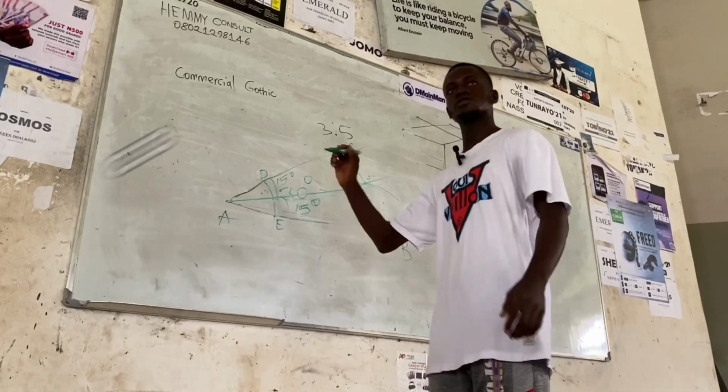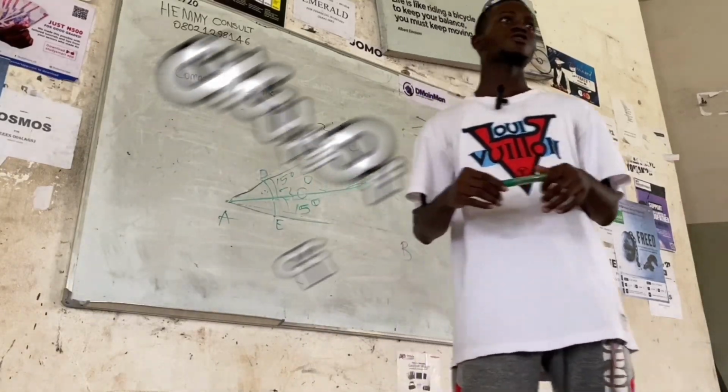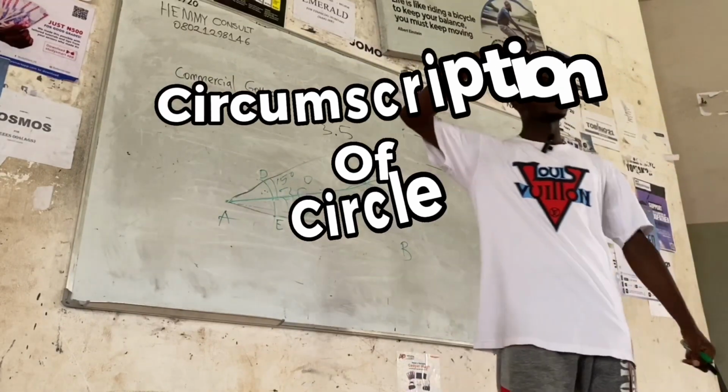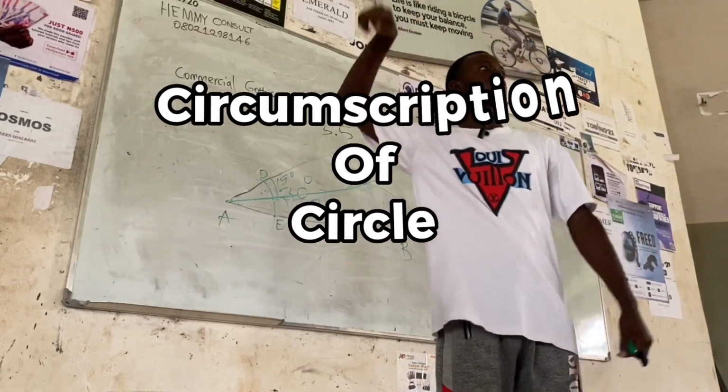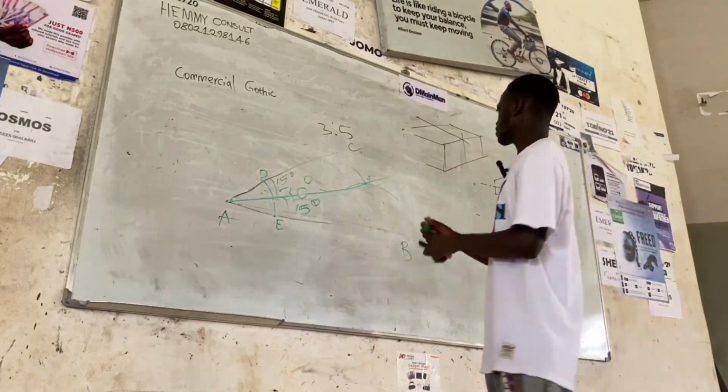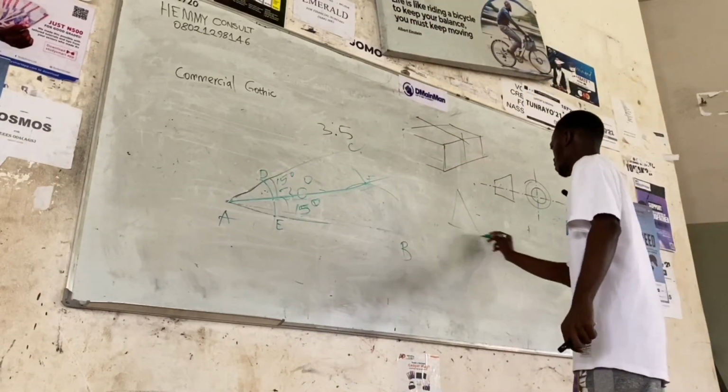So the next subtopic under geometrical construction is the circumscription of a circle around a given triangle.